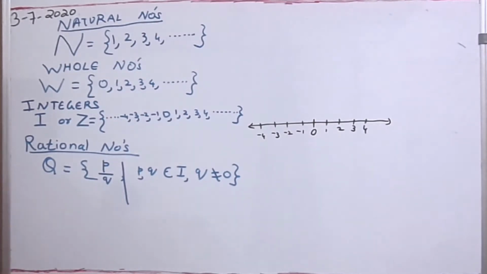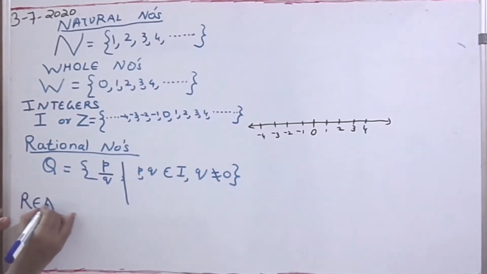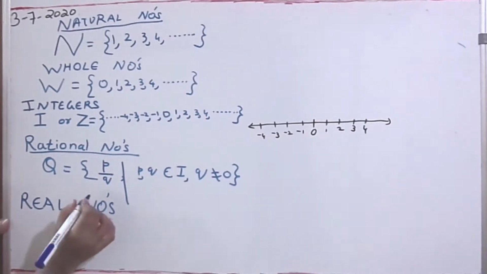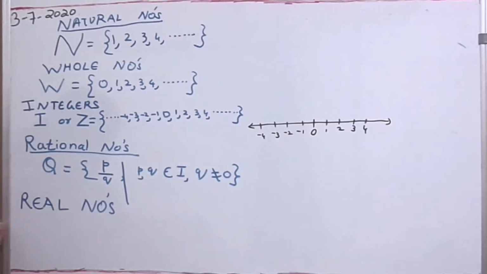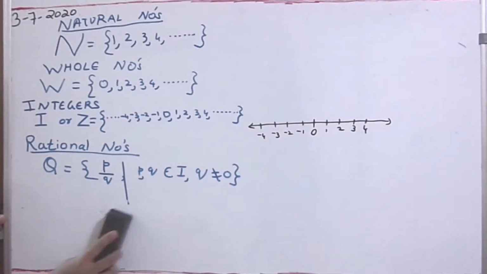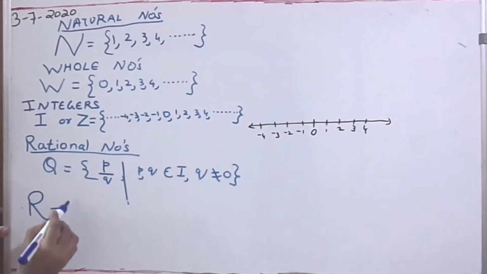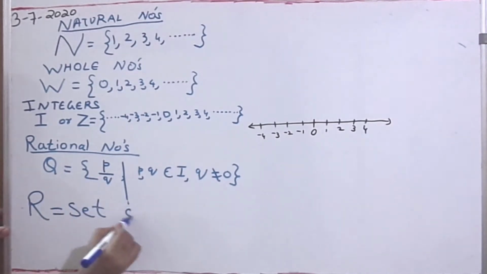Now the next number system, which we have not done, is the biggest number system. We will be doing it in detail. Now let us write down the denotation first, what it is denoted by. It is denoted by letter R. R is equal to nothing but the set of real numbers.